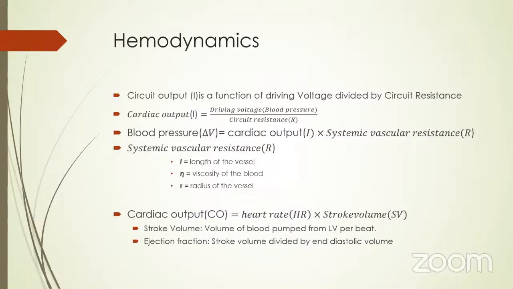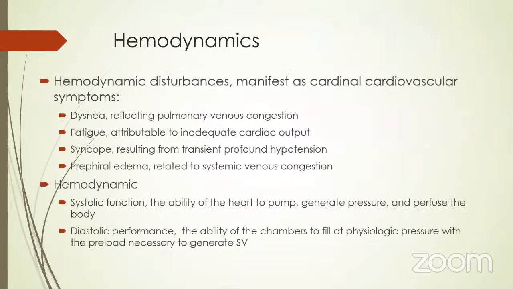Cardiac output equals heart rate multiplied by stroke volume. So cardiac output is the volume of blood over a period of time. Stroke volume is the volume of blood pumped from the left ventricle per beat, and ejection fraction is stroke volume divided by end diastolic volume. Those are the main equations to measure and determine the function of the cardiovascular system.